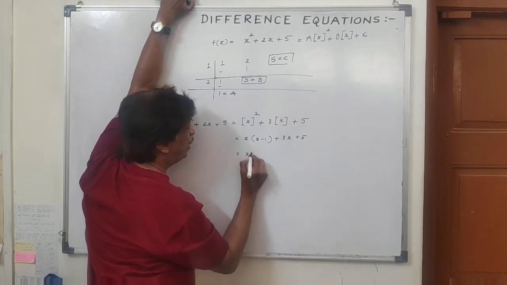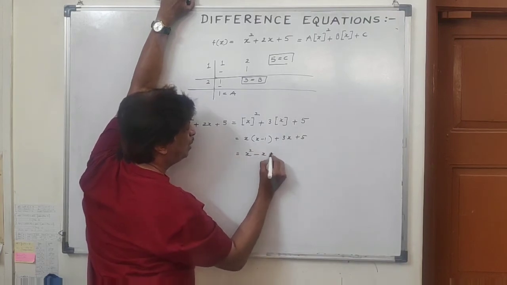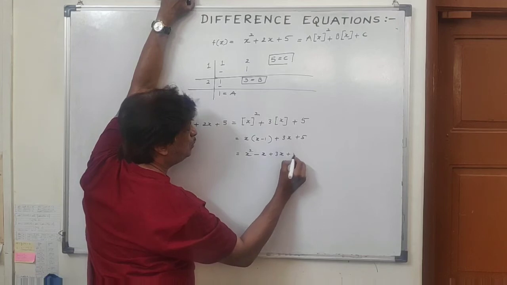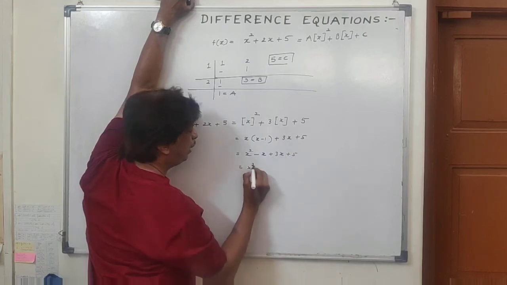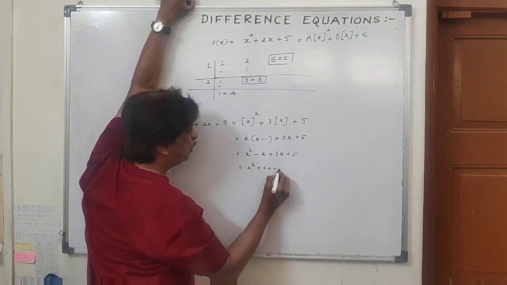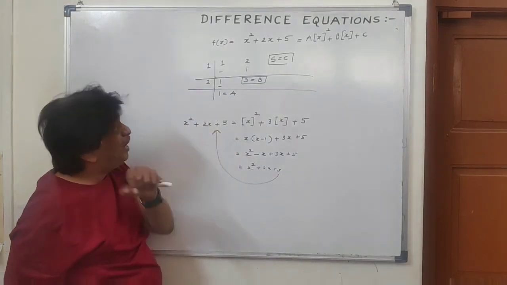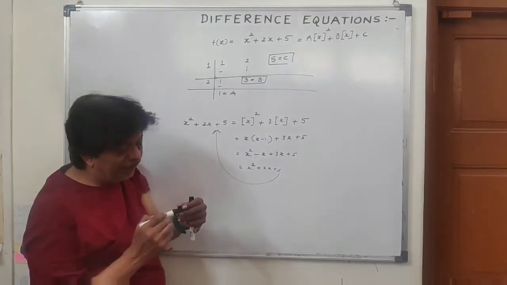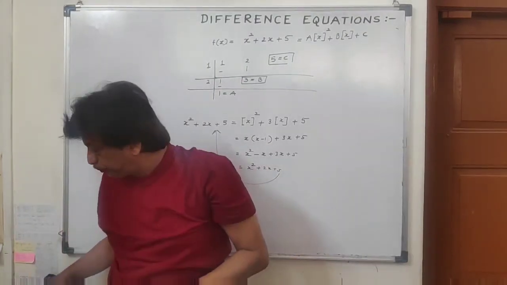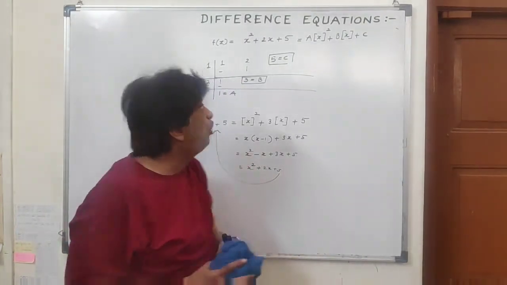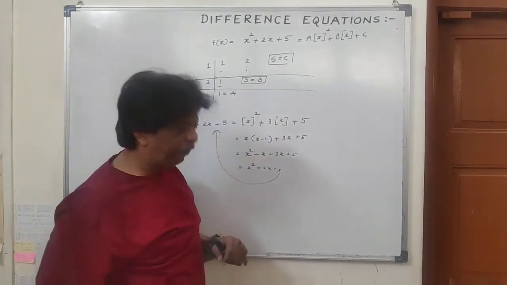So it is x square minus x plus 3x plus 5, which is equal to x square plus 2x plus 5, the given polynomial. So that is how we determine the factorial polynomial of any ordinary polynomial.